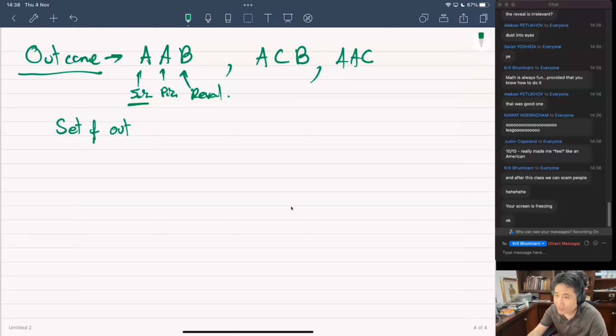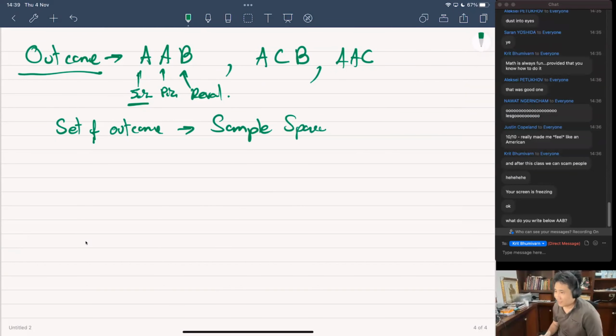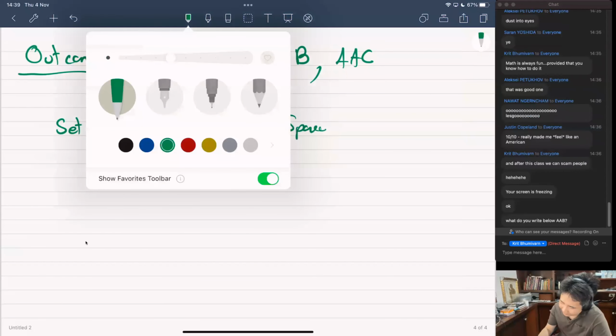Let me make sure I use the same word. Okay, the set of outcomes is called the sample space. So the Joker is behind A, you pick A, and then I reveal B. In the case of a lottery, the sample space is either you win or you don't win.